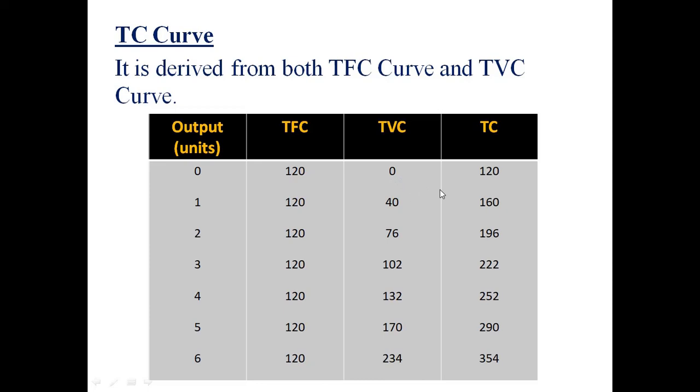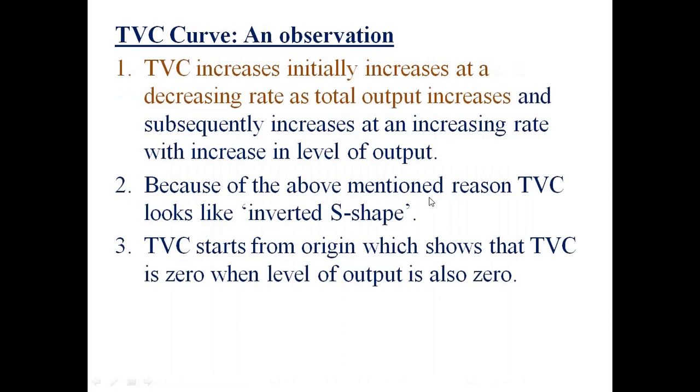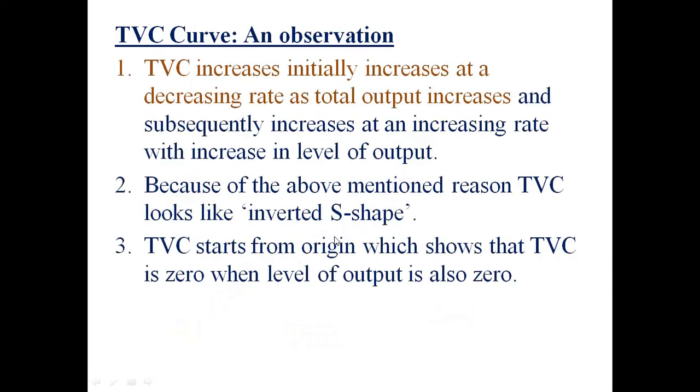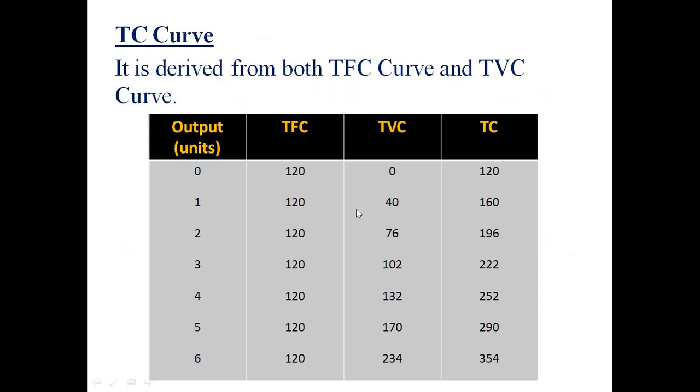So it is now increasing. Yes, obviously, when the level of output is increased, there will be a cost incurred. So this is your starting point, that is 40. And when you increase the level of output to 2, TVC will be 76, but it is increasing by 36. So previously it increased by 40, now it increased by 36.